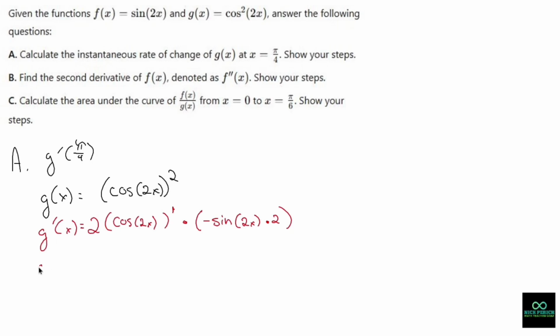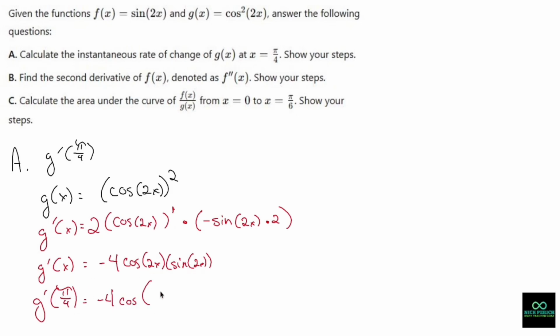All right, so what we end up with is g prime is going to equal, we can throw that negative out there, we can keep that 2 times 2, which is 4 out there, and then we have, since that's the invisible 1, cos 2x sine 2x. Now, I need to plug in pi over 4. So g prime of pi over 4 is going to be negative 4 cosine.